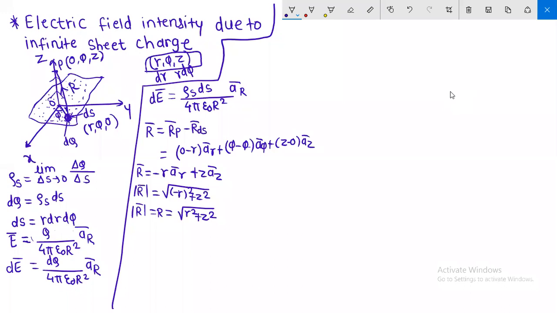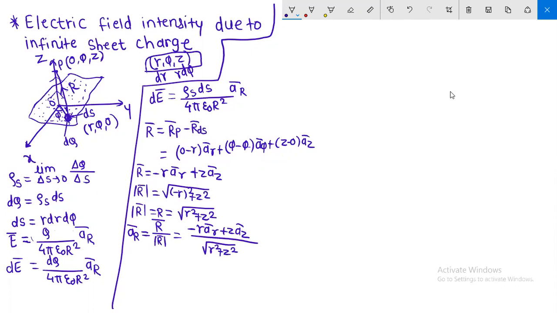Now we have to find the unit vector in direction of R, that is a bar R. Unit vector is equal to vector divided by its magnitude, so it is minus r a bar r plus z a bar z divided by its magnitude, square root of r square plus z square.